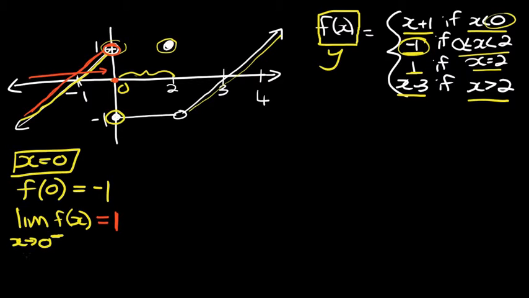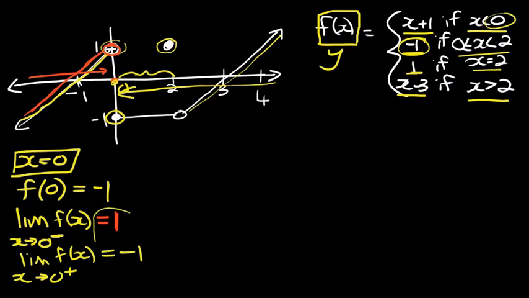Now if x approaches 0 from the positive side, from the right hand side, what will the corresponding y value or f(x) value be? Well, it will just be negative 1.